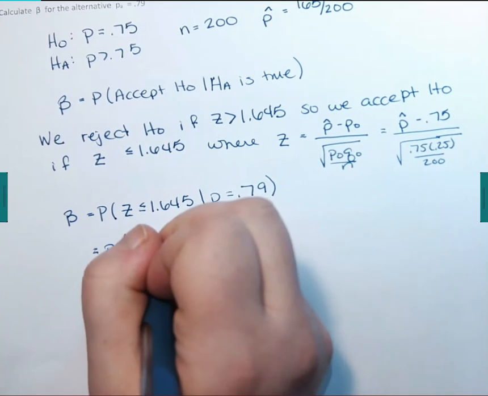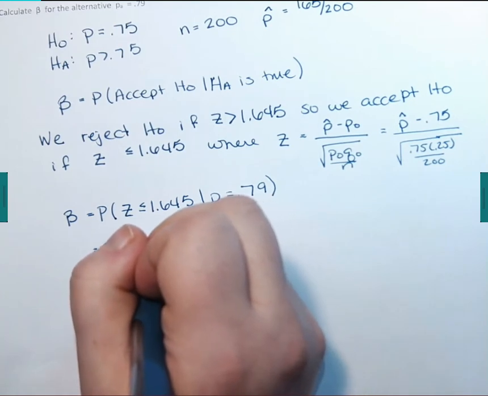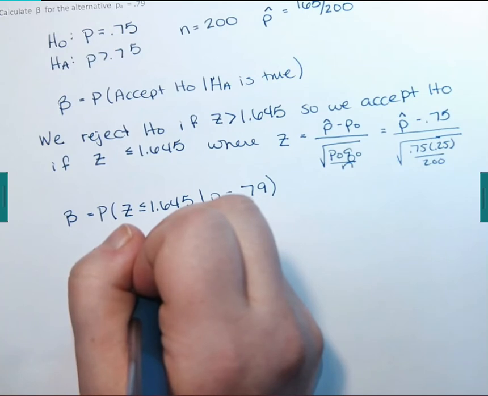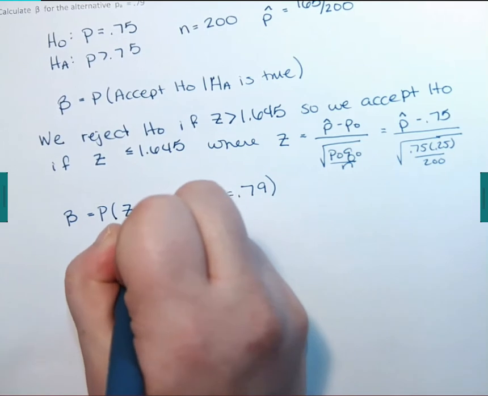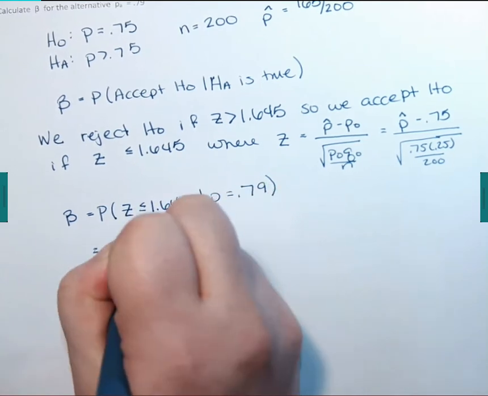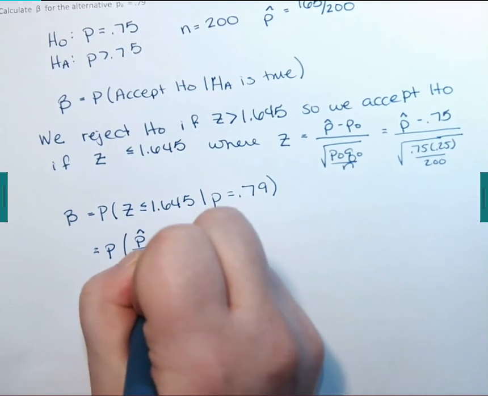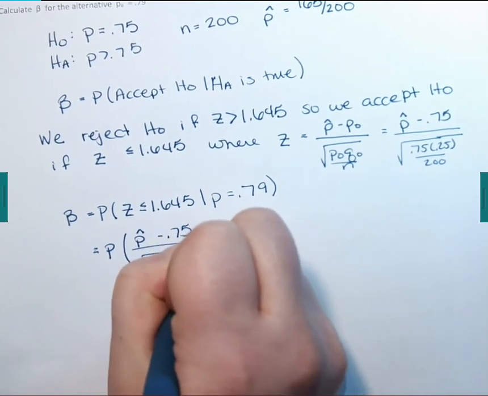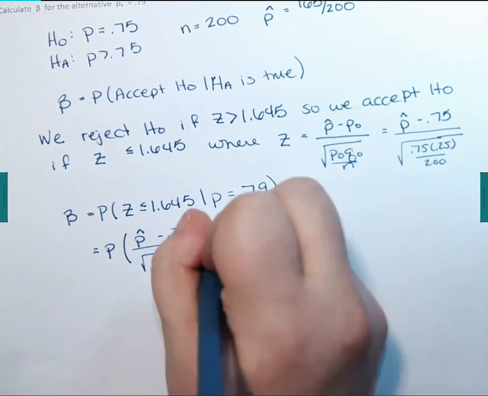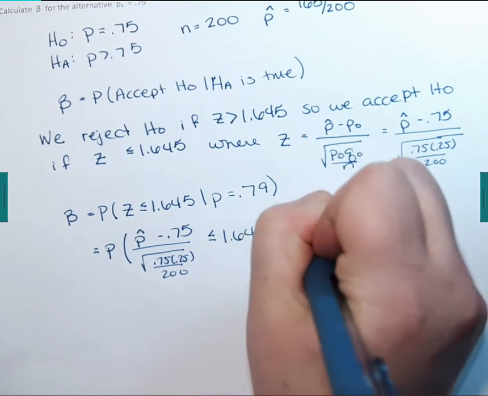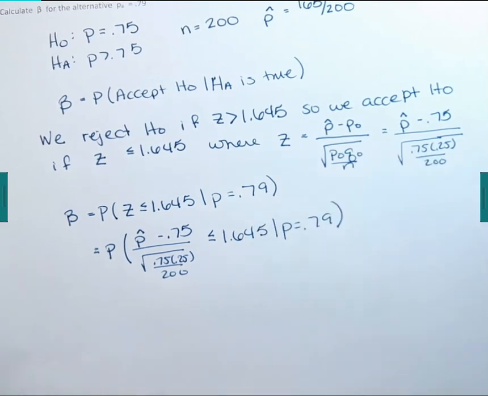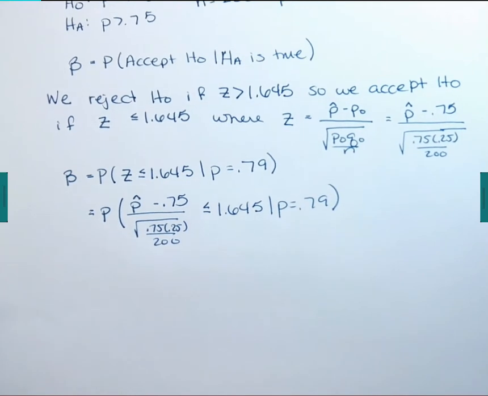So in this case, Z is equal to p hat minus 0.75 divided by the square root of 0.75 times 0.25 divided by 200. And so we're going to have that less than or equal to 1.645, again given that p is equal to 0.79. Now remember that in our probability statement, p hat is the random portion. So our next goal is that we want to get p hat by itself.